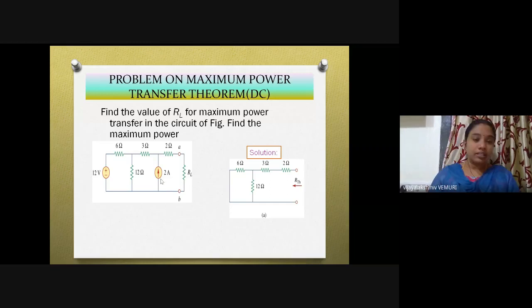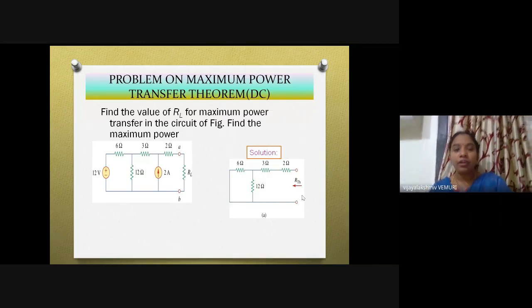If internal resistances are not given, then you need to replace this voltage source with a short circuit and this current source with an open circuit. That is what we have done. Short circuit means you just remove the voltage source and connect it with a wire. Open circuit means anyhow it is open.